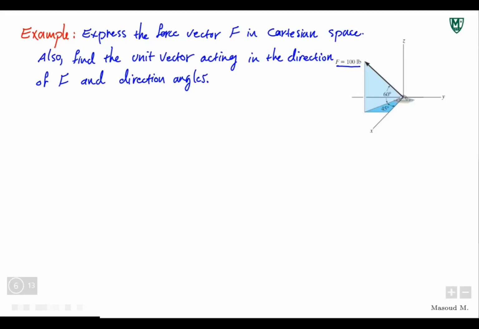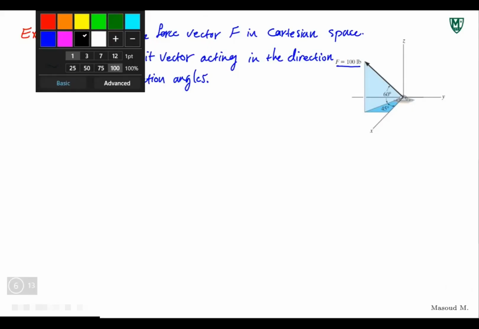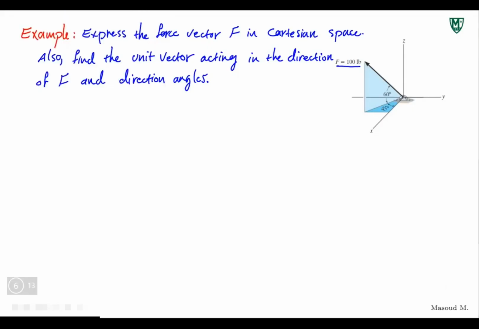Let me change the colors a little bit. One thing I know is the magnitude of this is 100 pounds. That is a given piece of information. So how can I find this? Where do I start? Any suggestion?